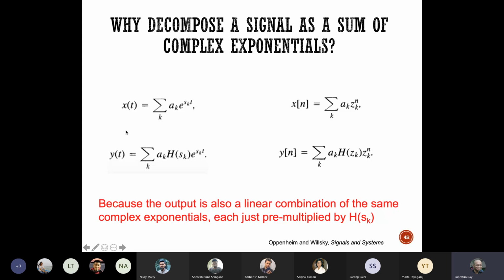Why do I want to do that? Because if I can decompose it this way, I will always know what the output is. It's just this. All I'm doing is using linearity. The output of a single exponential is this.